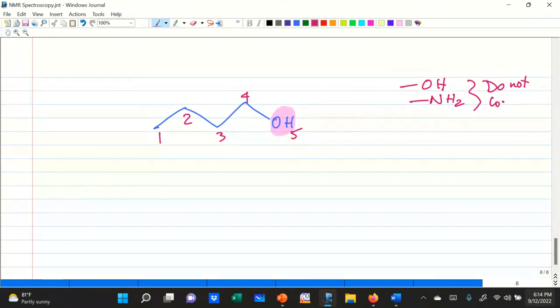So whatever the number of neighbors, they will always become a singlet. So for example, if you try to calculate the multiplicities, this one is going to be a singlet, even though it has two neighbors. This will be a singlet because the hydroxyl proton does not couple.